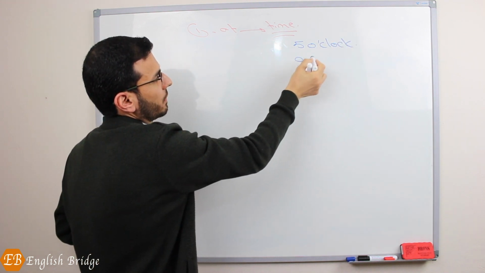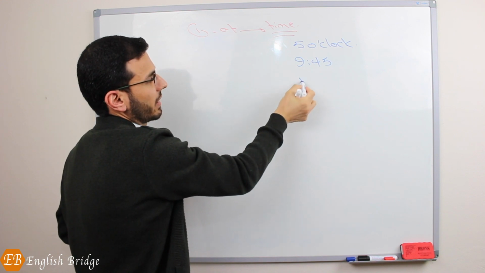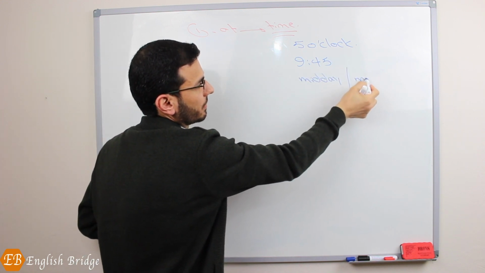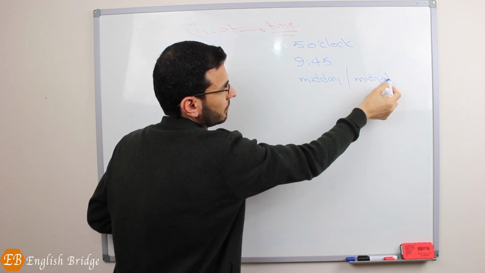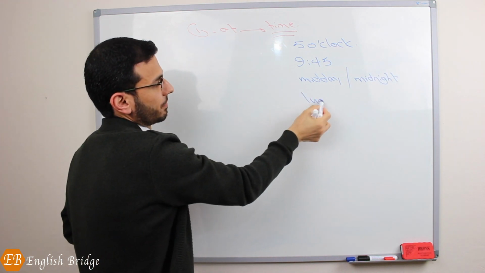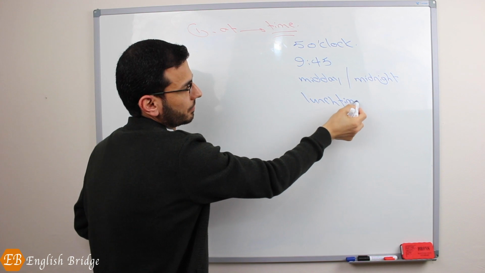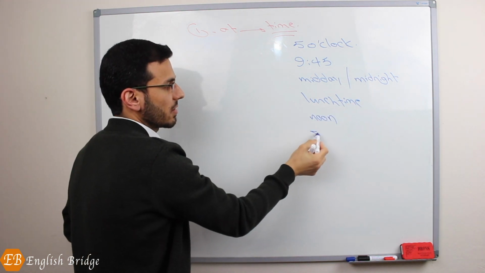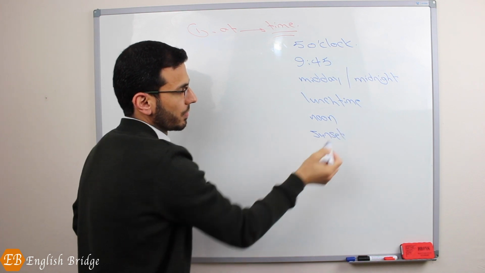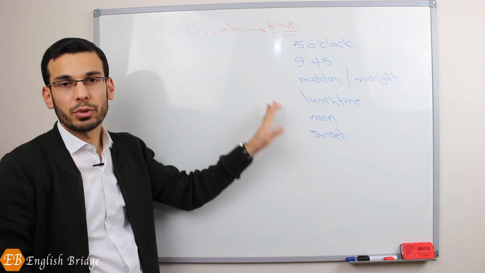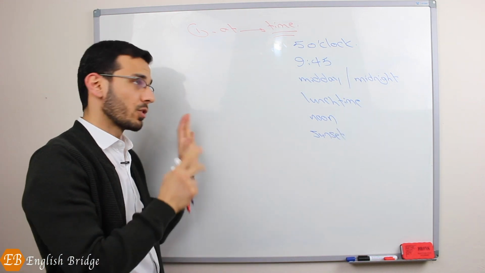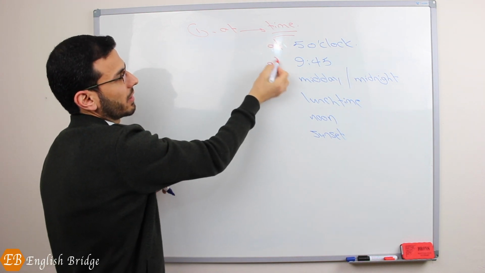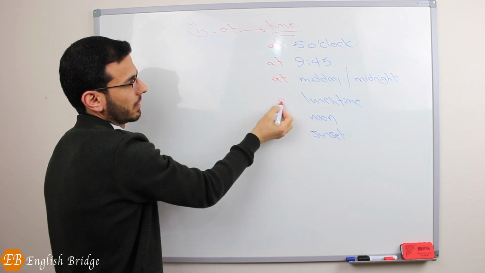At 9:45, at midday, or you can say at midnight, at lunchtime, at noon, at sunset, etc. So as you can see, all these words are talking about a specific time during the day. That's why all the time you should precede them with at.